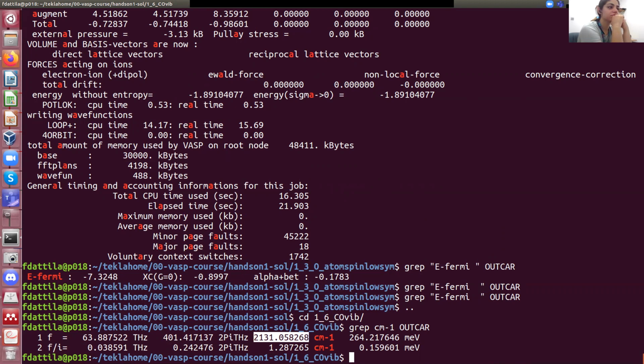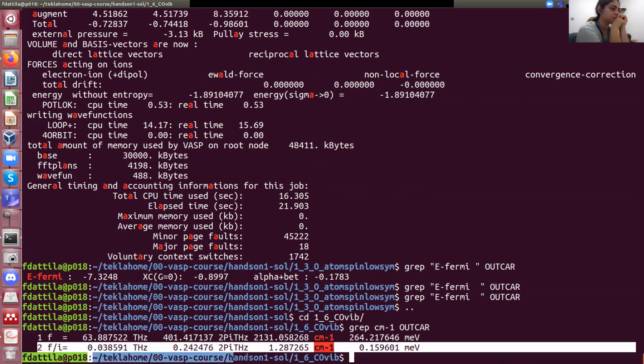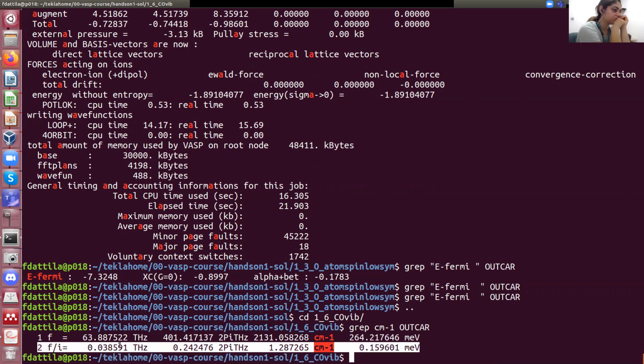And these are the imaginary frequencies. These become important when you need to define a transition state, or you want to see if you're in a saddle point, but it's not something that we will discuss in this course because it's not something that you use every time in DFT.